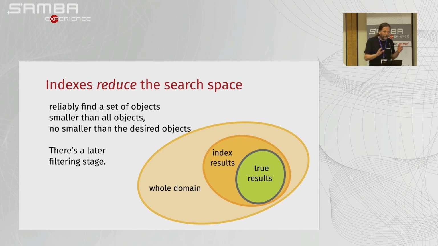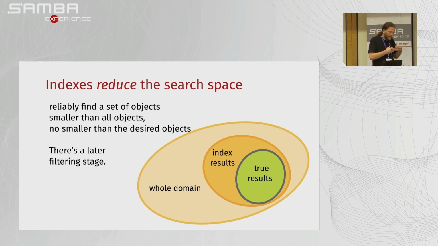So what indexes do is they reduce the search space to a smaller superset of what you want. Sometimes it's the exact thing, but sometimes we use it to find a bigger group, which happens with complex expressions if you have an and or an or a mixture of those.